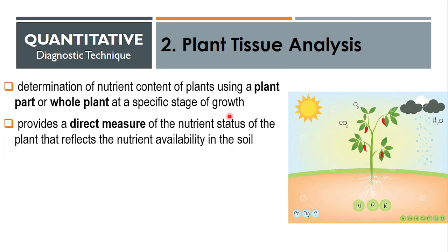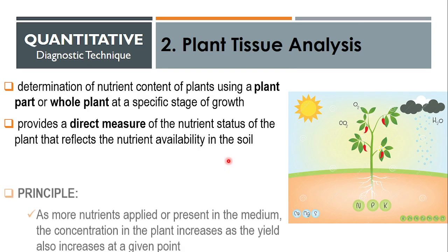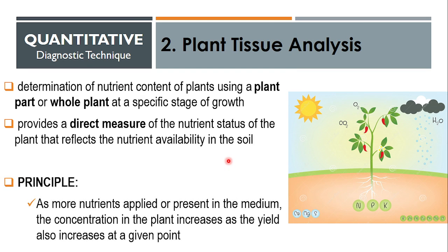Okay, so this technique provides a direct measure of the nutrient status of the plant that reflects the nutrient availability in the soil. It is based from the principle that as more nutrients are applied or present in the medium, the concentration in the plant increases as the yield also increases at a given point.